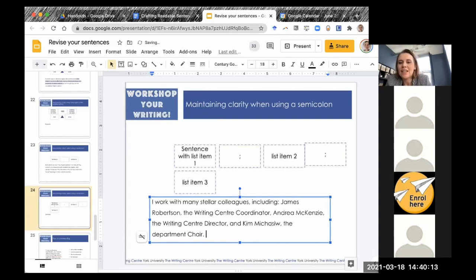Okay. So here I have a list of 3. James Robertson, Andrea, and Kim.